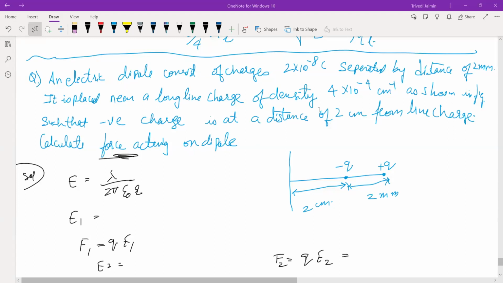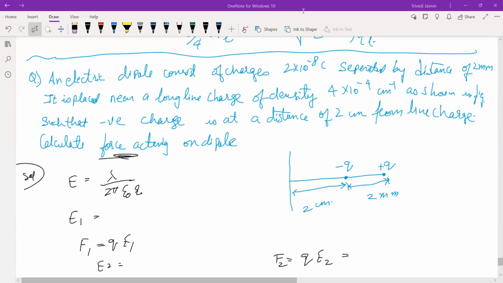Now we need the net force. So what will we do? F1 minus F2. Which one is higher? 7.2 is higher, right? Yes.